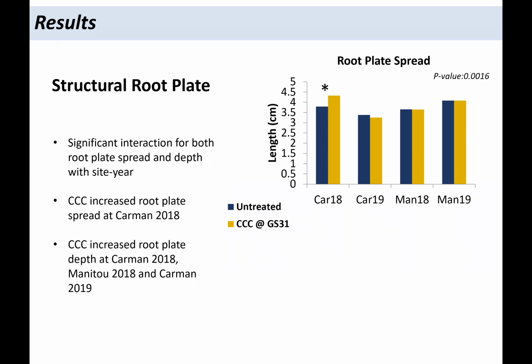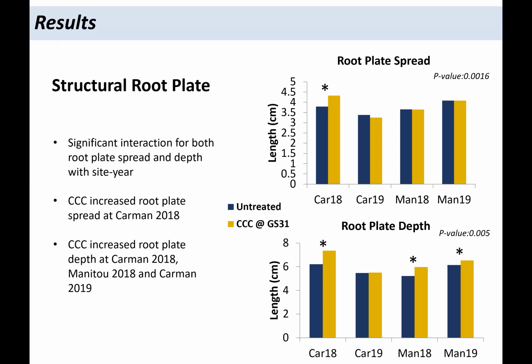Structural root plate. We did see a significant interaction for both root plate spread and depth with site year. So looking at spread first, we saw an increase in root plate spread with the PGR application at 1 site out of the 4, and that was at Carmen in 2018.